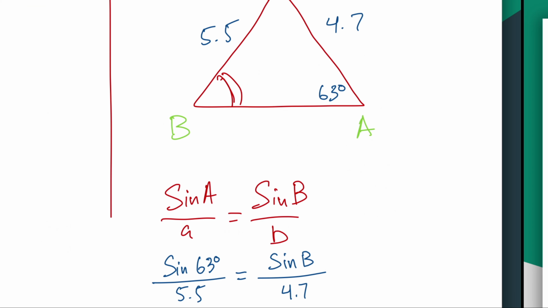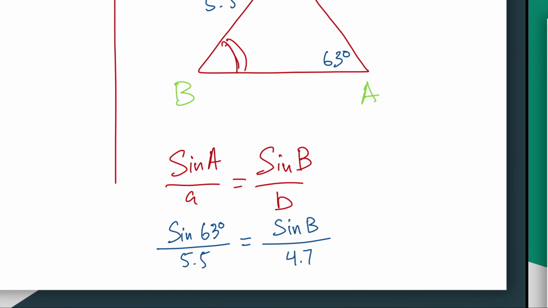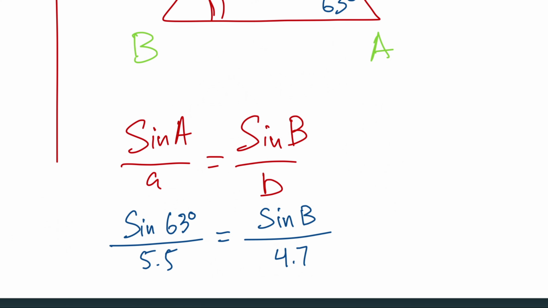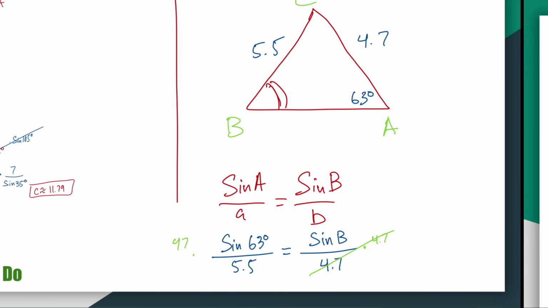Like that. Okay? Now, we need to solve for sine of b. So I'm going to multiply by 4.7, and this cancels. And I get sine of b is equal to 4.7 times the sine of 63 degrees divided by 5.5.